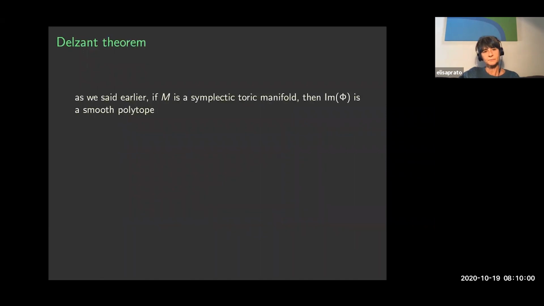So Delzant showed several things. As we said earlier, if we start with a symplectic toric manifold, the image is a smooth polytope.